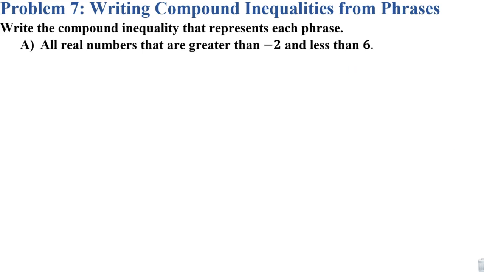Okay, so the key for this one is recognizing that we have our AND case here. So just like we did a minute ago using the graph, we'll just put x between two numbers. Okay, it's greater than -2 and less than 6.